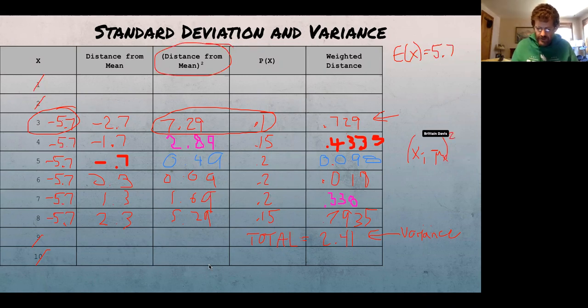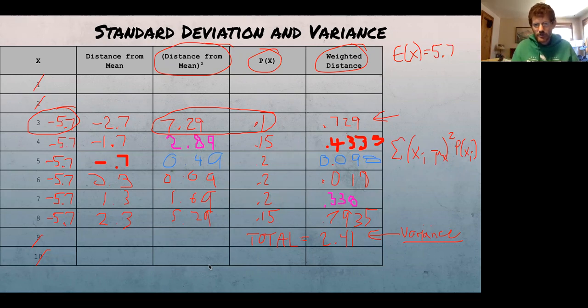But we only wanted the proper weight of that distance, so we multiply by the probability of that particular outcome. And we got our weighted distance as a result. And what we did for variance is we added them all up. So this is the sum of all of those distances squared times the probability. Good, we're good with that.